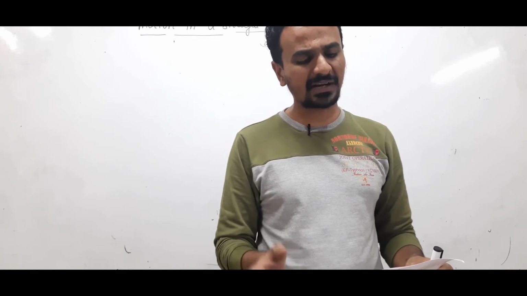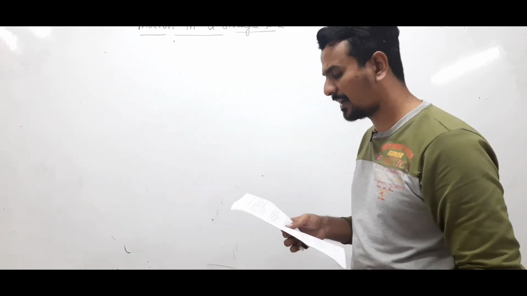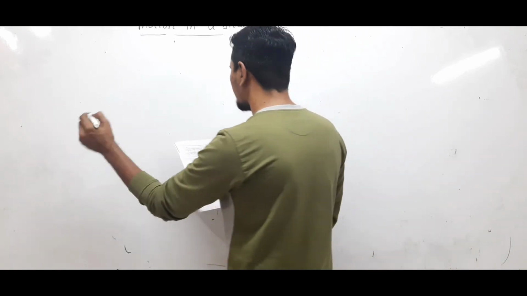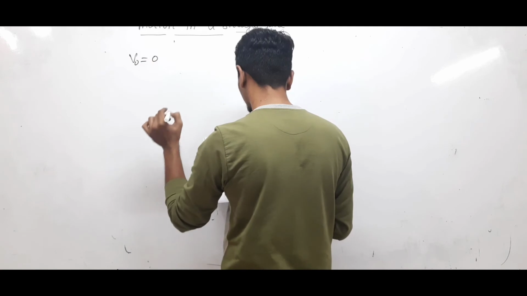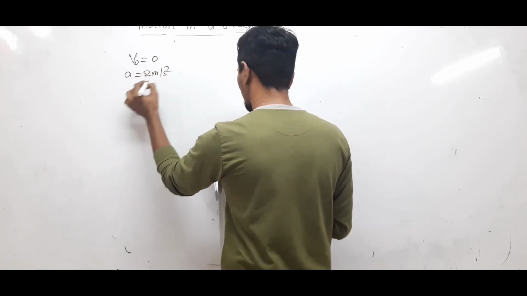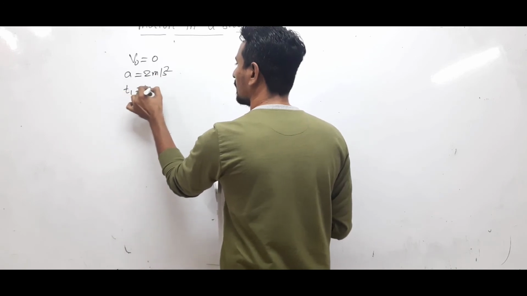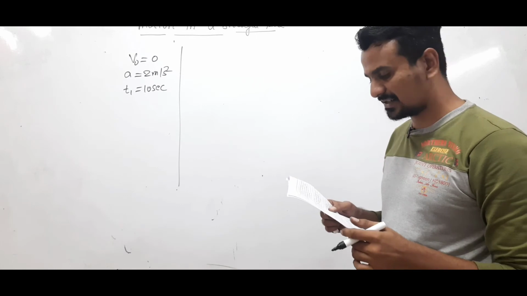Okay, so it's a mixture of uniform and non-uniform motion, right? The particle starts from rest, so initially velocity is 0. First it is performing acceleration for 10 seconds, so first the particle is moving with uniform acceleration.